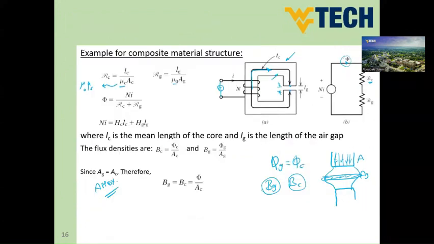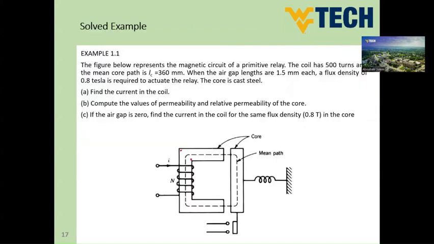And also we converted this magnetic circuit into an equivalent circuit, and we drew the relations together. Let's start solving a first numerical example here.